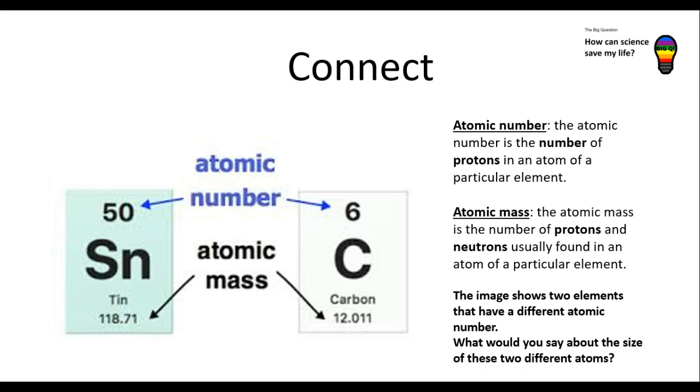So I ask you to look at the image. You have 2 different atoms, one is tin, one is carbon, and you can see they have different atomic numbers. So what would you say about the size of these 2 different atoms? Try to answer this question again, because this question will allow us to understand some of the chemical properties of metals and non-metals. Pause the video and try to answer.